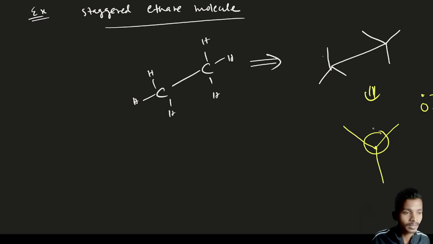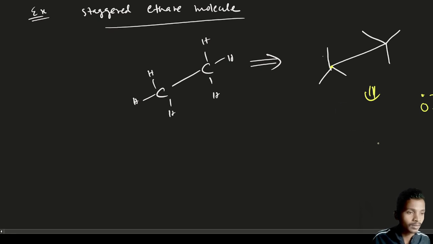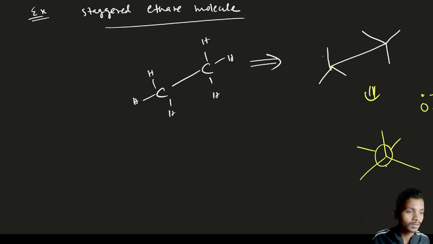So the front atoms are these, and the back atoms I can write like this, this, and this. This is how to draw the Newman projection.